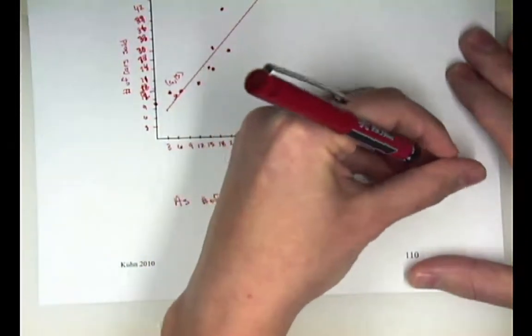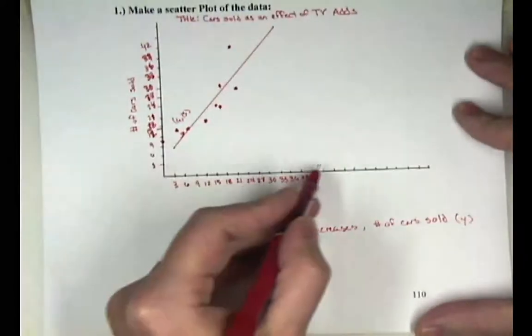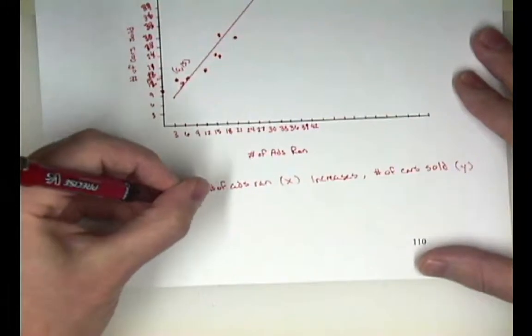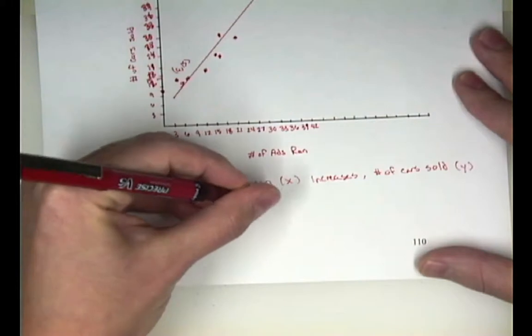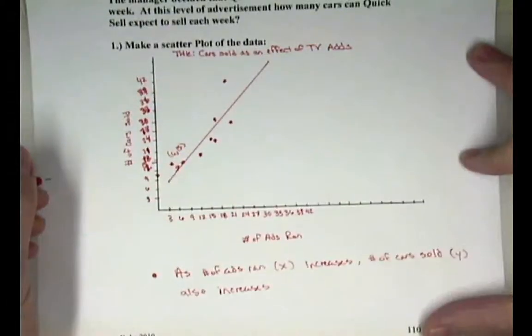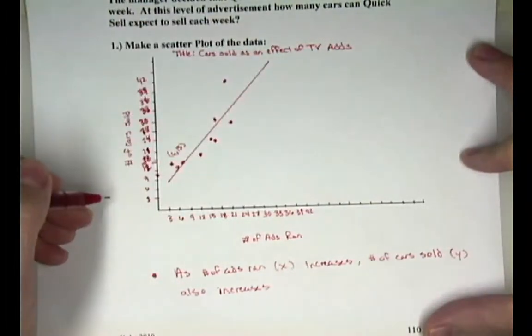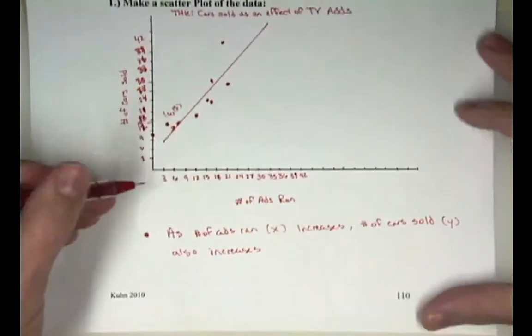What happens to it? Well, as x increases, y also increases. So that's an interpretation based on the slope of what would be the linear equation. The line of best fit is what it's sometimes called.